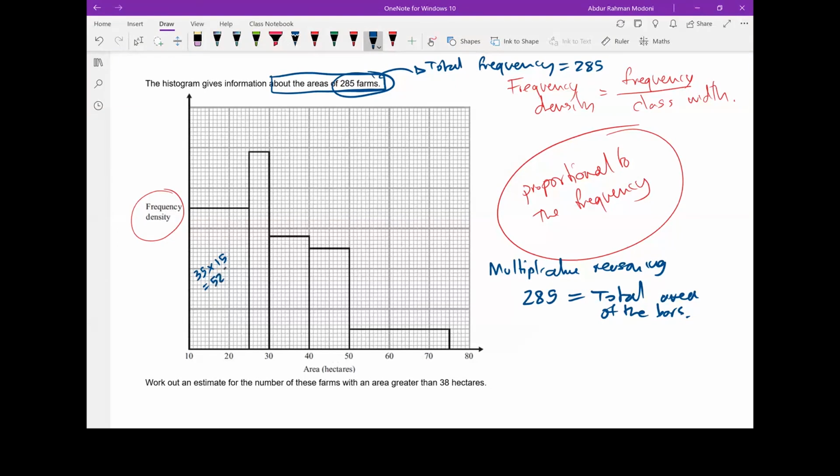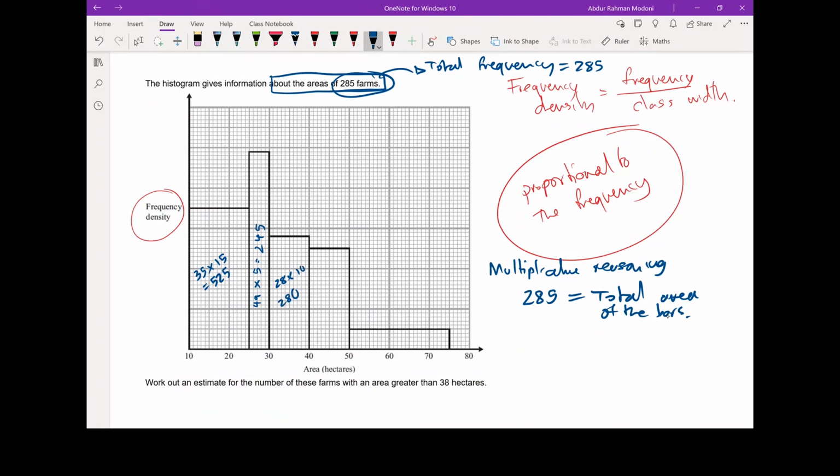I'm going to do that for each bar. For the next bar, I've got 10, 20, 30, 40, 49, so 49 multiplied by 5, which is equal to 245. I'll work out all of them like this. The next one is 10, 20, 28 times 10, which is 280.